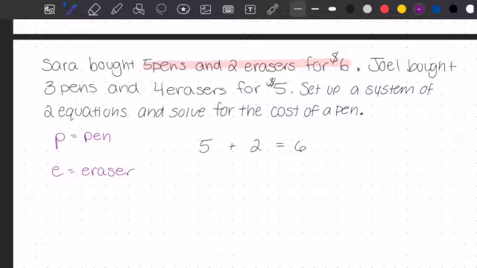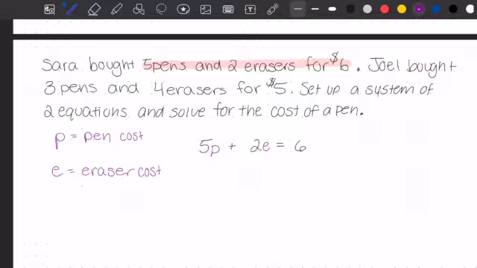So this should be the pen cost and the eraser cost. So I'm going to do 5 pens, so 5p plus 2e equals 6.